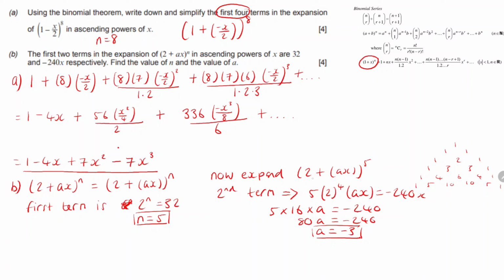Then expand 2 plus ax to the power of 5. To find the second term, you only needed the second term. So the coefficient would have been 5 times by 2 to the power of 4 ax, which gives you 80a. And it tells you that that's equal to minus 240. If you divide the minus 240 by 80, you end up with minus 3 for your a value.